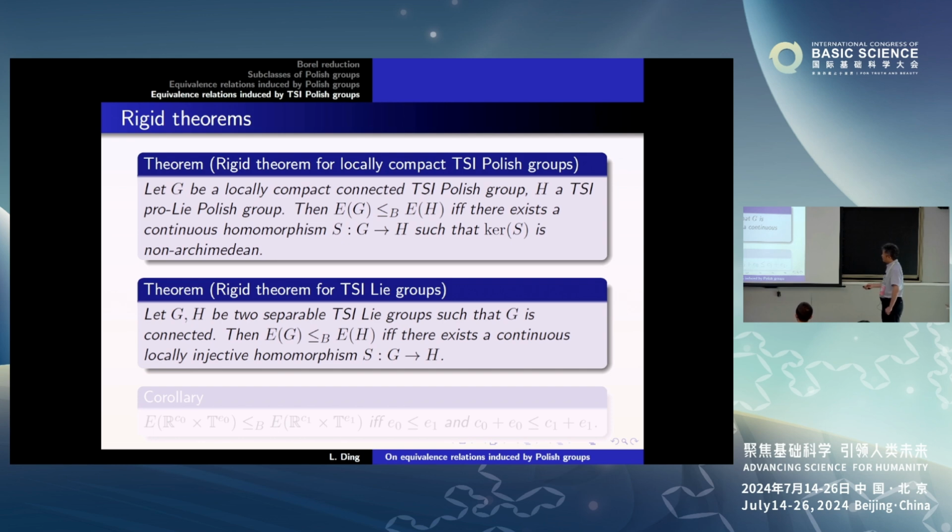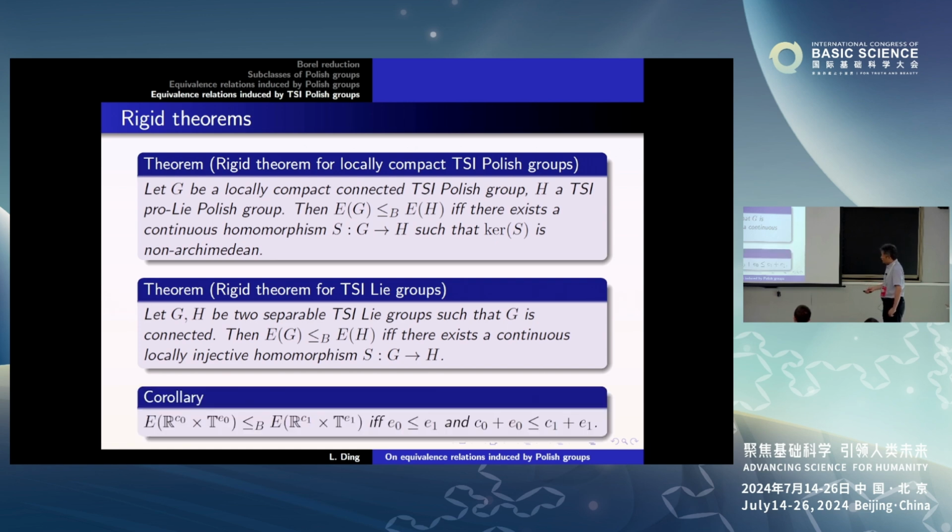Then E_G reduces to E_H if and only if we can find a continuous locally injective homomorphism S from G to H. Here, the kernel of S is non-archimedean because G is a Lie group. A Lie group is NSS. For an NSS group, non-archimedean means discrete. So we can find a continuous locally injective homomorphism.